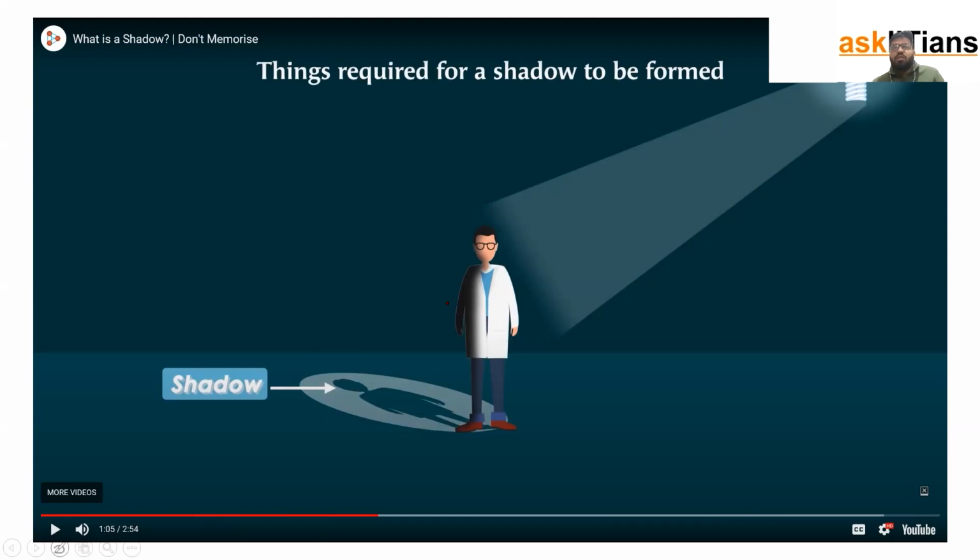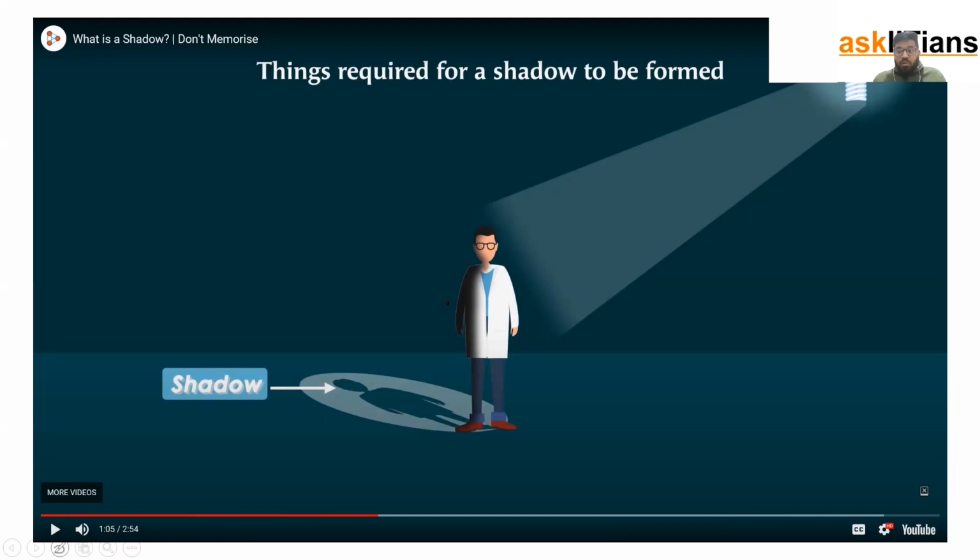So what is the reason? Although a source of light is there, which is the torch, and an opaque object is there, which is the face of your friend, you are not able to see the shadow. Now repeat the same experiment, but behind your friend take a cardboard sheet, and now incident the torch on the friend.